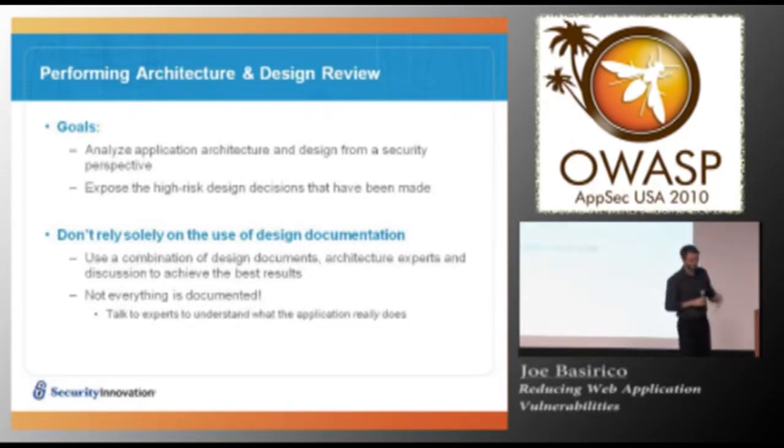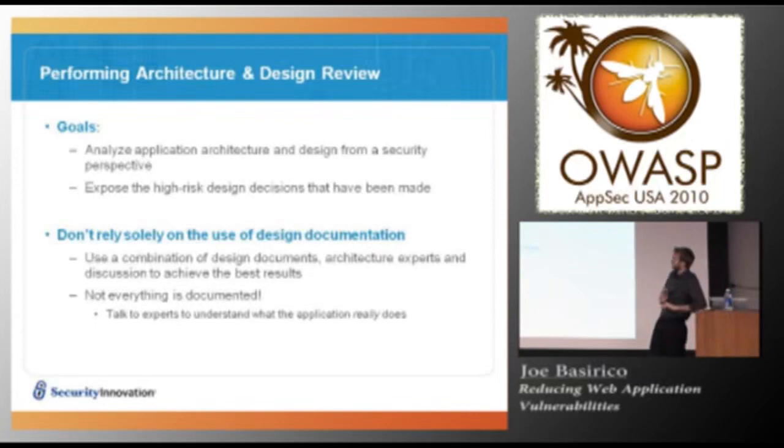A while ago, we were doing an architecture review for a client that was having a real challenge authenticating servers with one another. It was not exactly a cloud computing type of system, but they had multiple servers all over the internet that needed to communicate with one another. They had written all of this code and gone through all this process. And finally we said, well, what about just mutual certificate authentication over SSL, right?